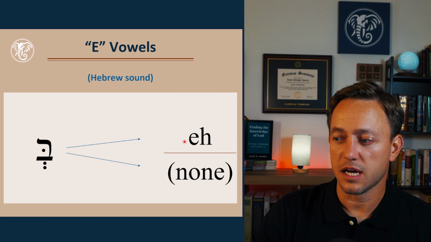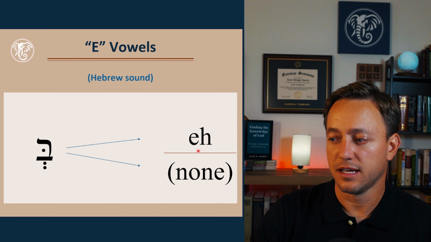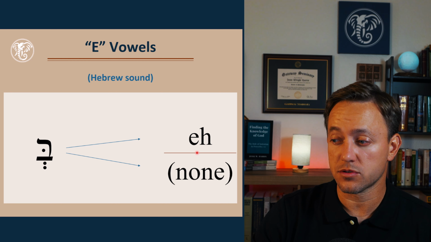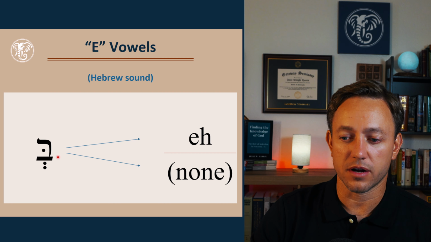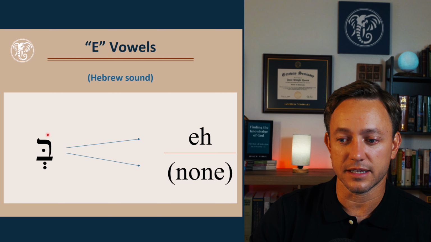But there are sometimes where it carries the sense of an E sound almost. That's really because what it's actually doing is telling you to pronounce this letter, this consonant, distinctly or separately or uniquely. At least, that's one of its functions.